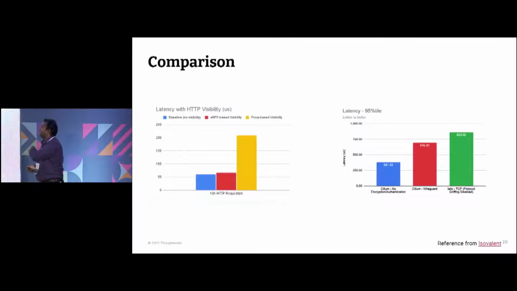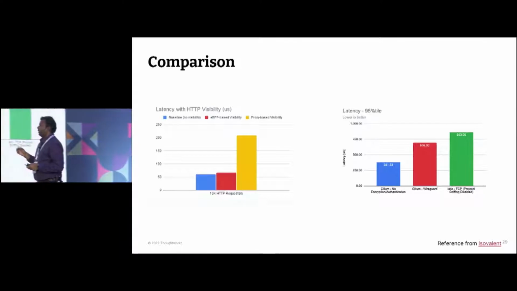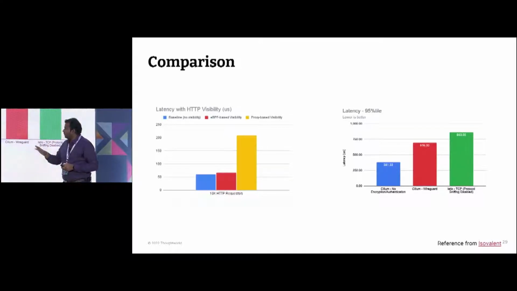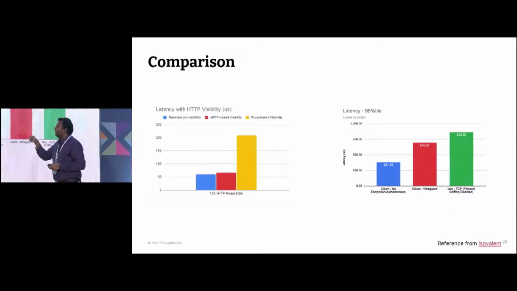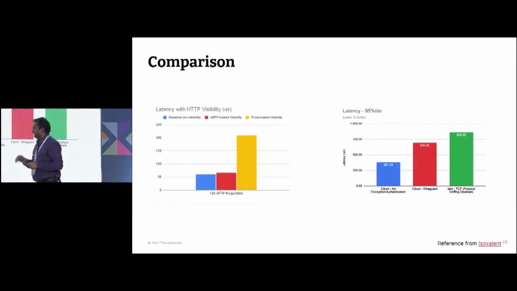So they did a comparison of the existing sidecar model with the eBPF model. The first one that you see is the latency, with 3 cases: 2 with Cilium and 1 with sidecar. If you don't want level 7 observability, then the blue one is the graph where your latency is a little less.